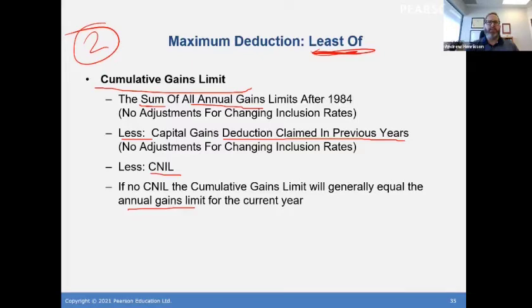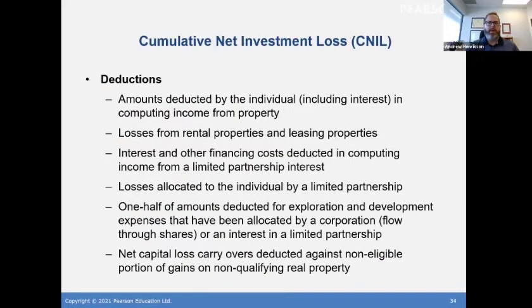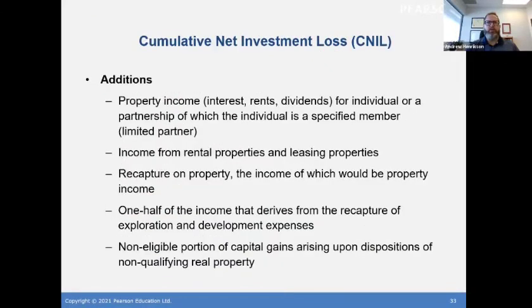So this cumulative gains limit is going to be affected by this guy here. Now, what the heck is that? Cumulative net investment loss. What we're going to add to it is, so there's the word investment. So we think about our investment income from back in chapter 7. Interest, rent, dividends, these were all our investment incomes.